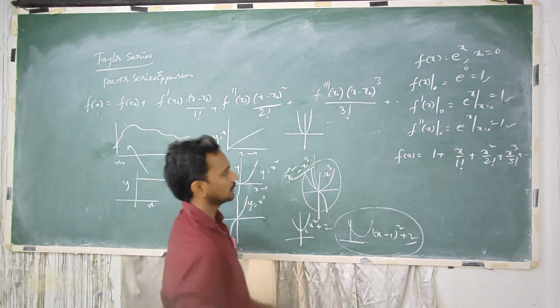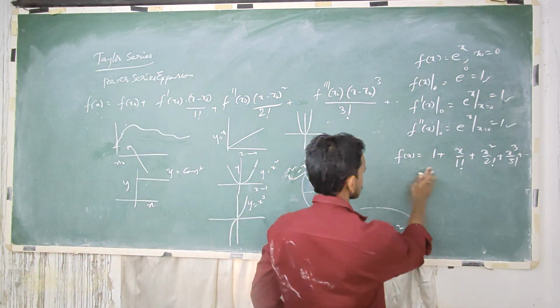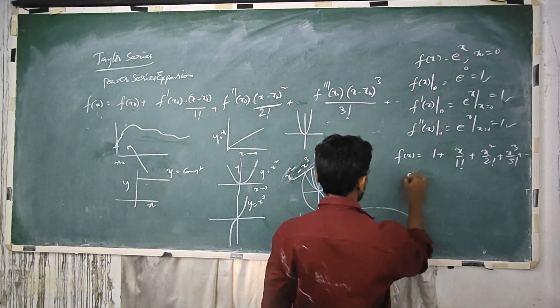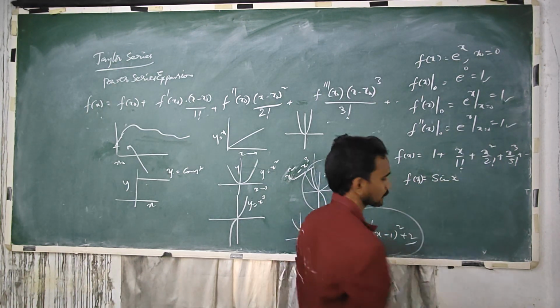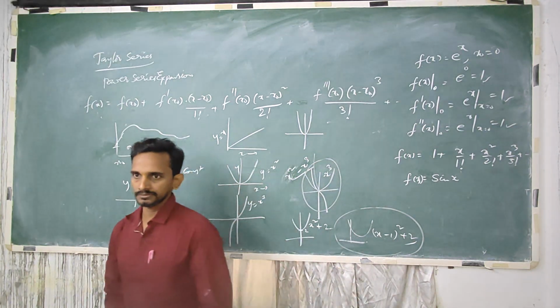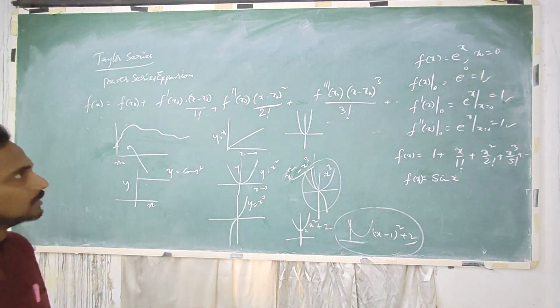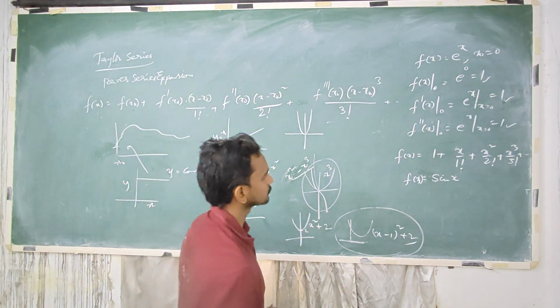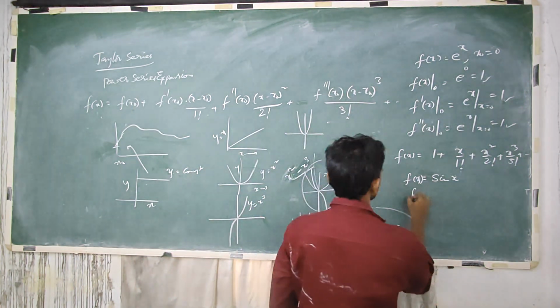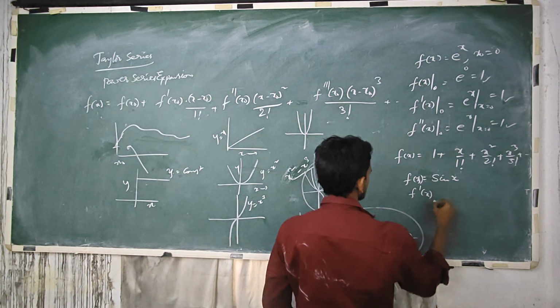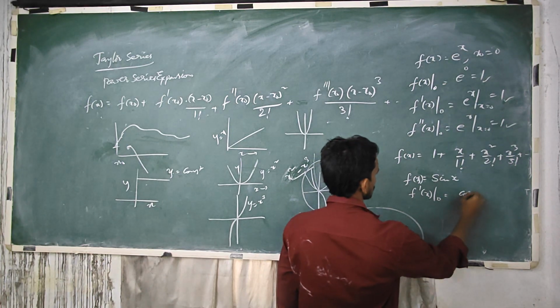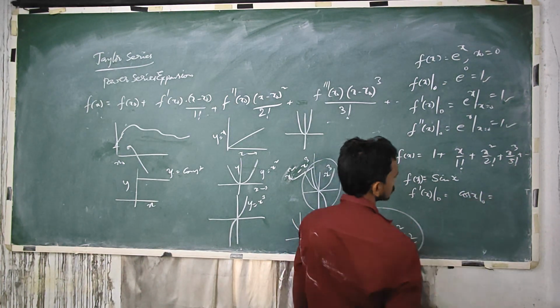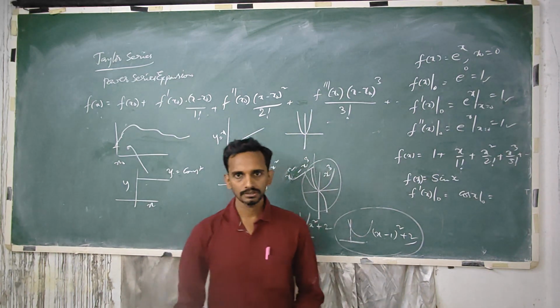Okay, like that you can, let's say f of x is sin x. So then f dash x is cos x, at 0, cos 0 is 1.